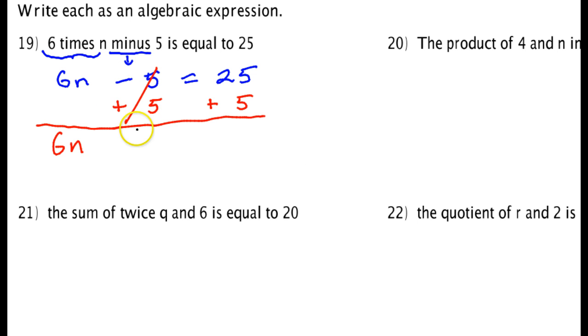So 6n equals 30. 6 times what is 30? 5. So divide both sides by 6 and prove that 30 divided by 6 is 5. Yeah, you got that on the front. Yep, please solve them. You do have to do the algebra. You have to show me what you did to both sides.